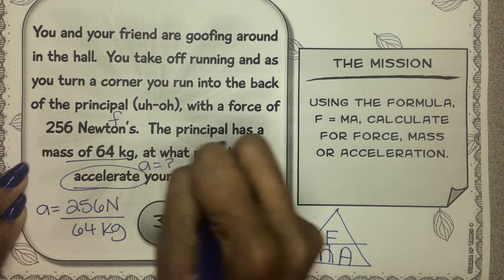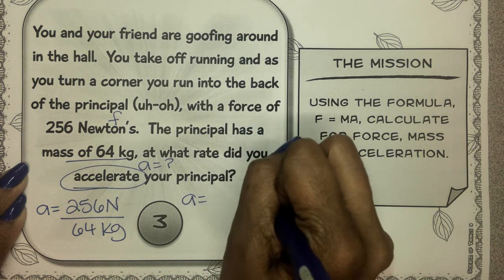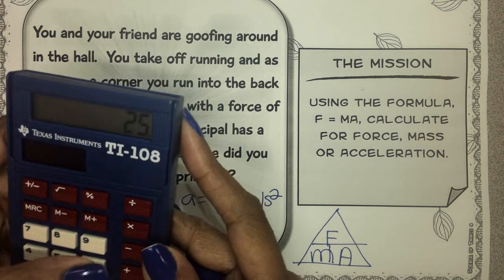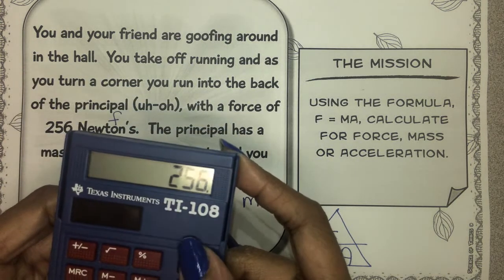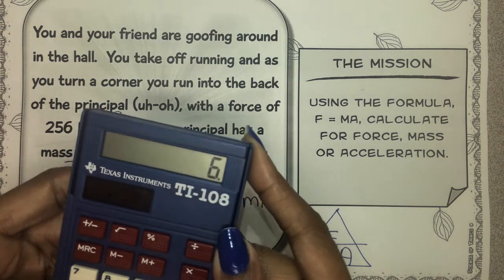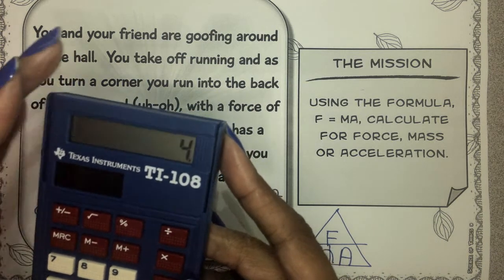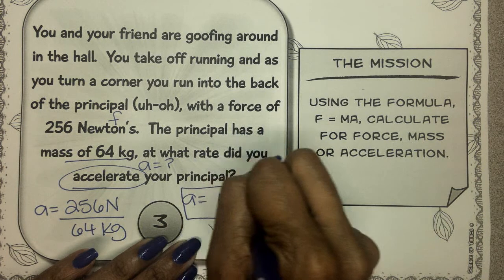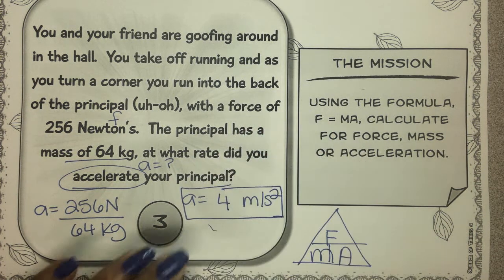Acceleration, again, is always in meters per second squared. So you're going to take 256 divided by 64, and your answer is, poor Mr. Dixon got accelerated 4 meters per second squared.